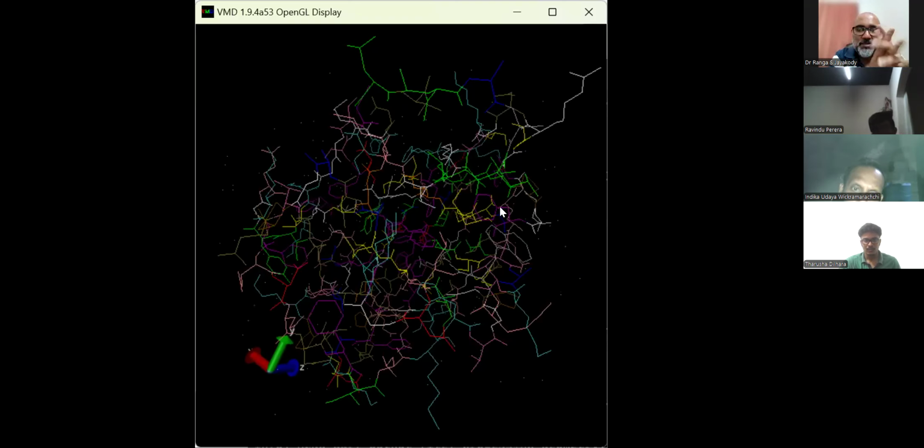So what matters to get this three-dimensional shape is the sequence. Now we have an assumption in molecular biology: similar sequences will have similar structures, right? Getting the three-dimensional structure is a very important task in biology and medicine, right?